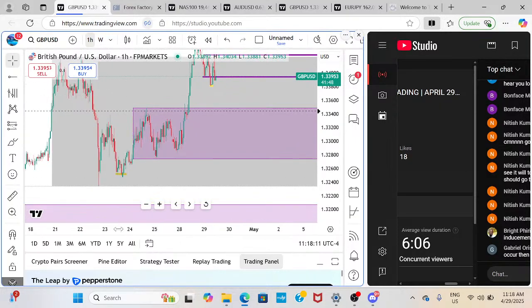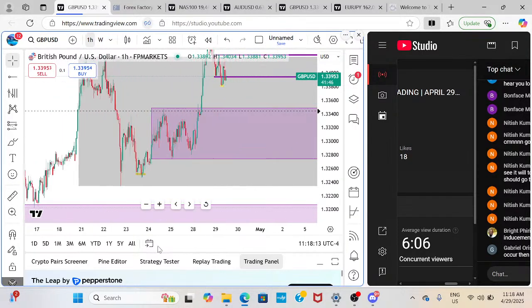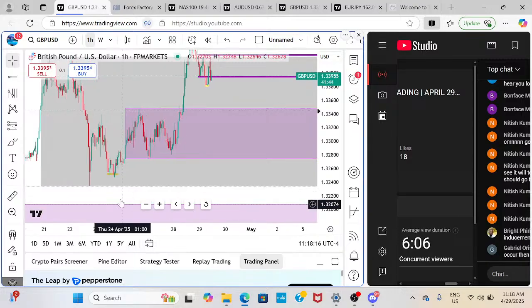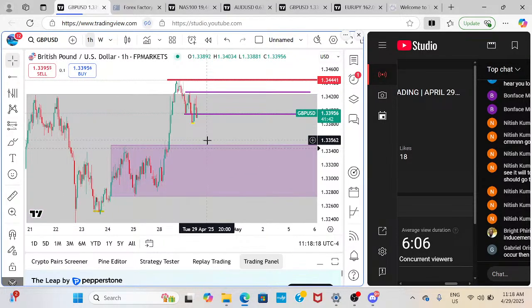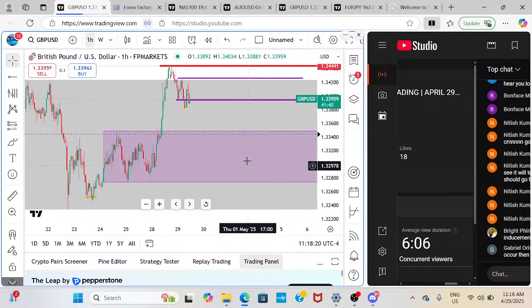So you want to be looking for buying opportunities for GBP/USD, and as of right now, the best area to buy GBP/USD is sitting right here, starting between 1.3348 all the way down to 1.3277.